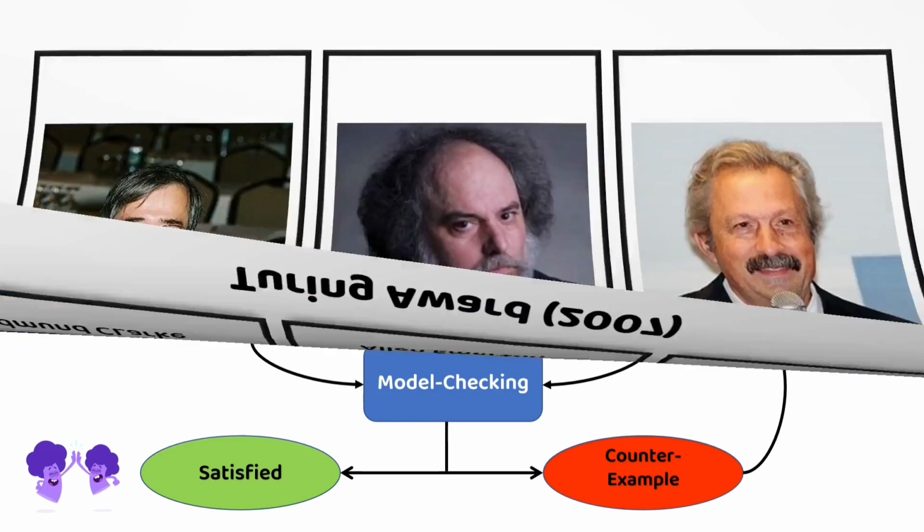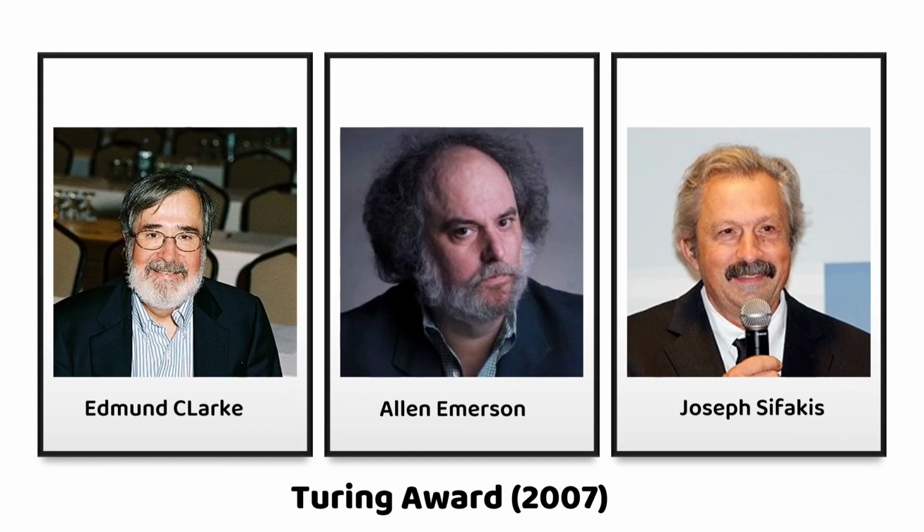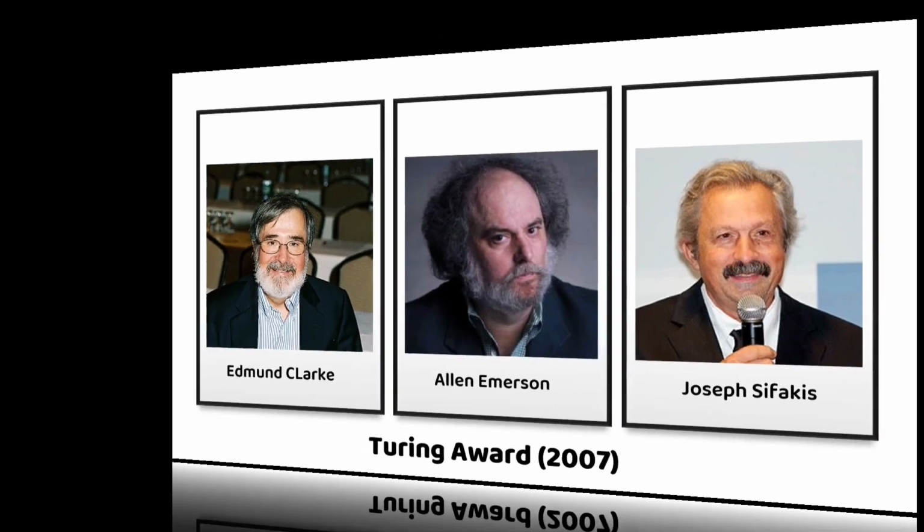Three famous scientists, Edmund Clarke, Allen Emerson and Joseph Sifakis, introduced this model checking technique in 1981. They received the very prestigious Turing Award in 2007 for their pioneering work in this field. Now, the next natural question should be, why model checking?